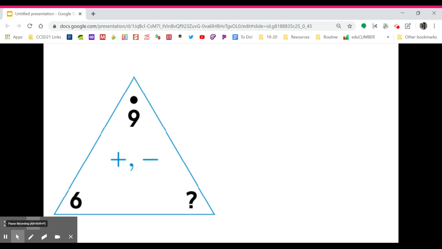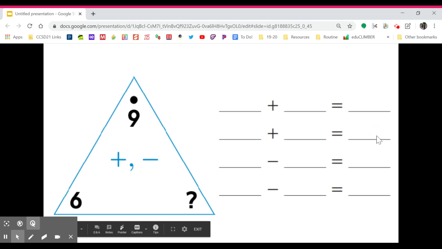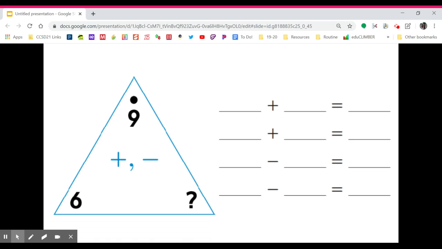One way to think about it is by using our related fact number sentences. So if you're not sure how to solve this problem or what the missing addend is, you can try writing out your number sentences.